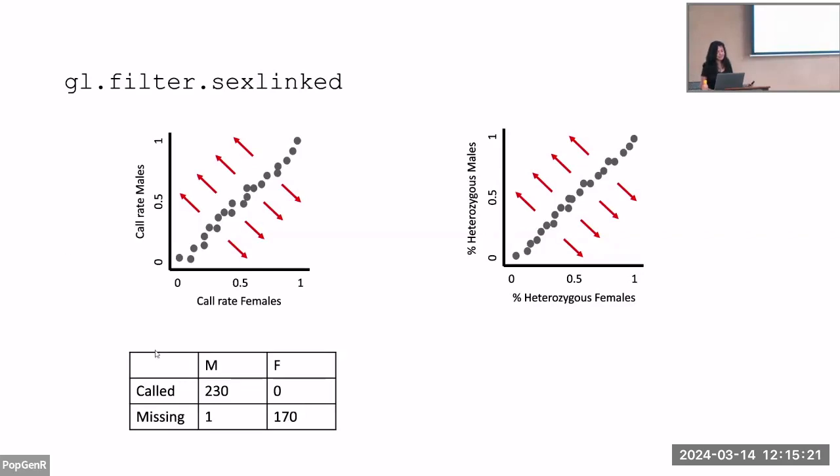You can see that if you're a male, you're very likely to have this locus called, and if you're a female, you are very likely to have it missing. For this test, you would have a significant relation. You would reject that sex and call rate are independent, and therefore the function assigns it as sex-linked.